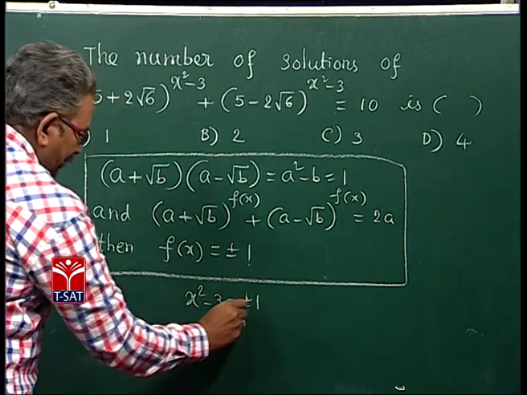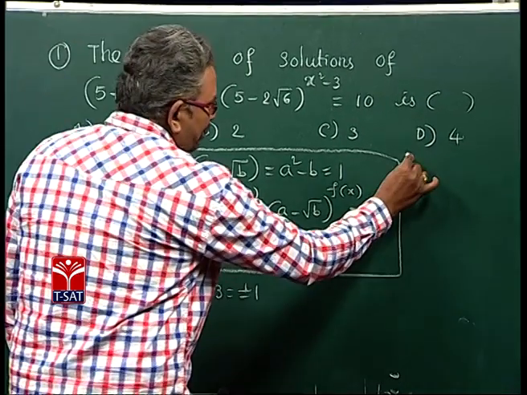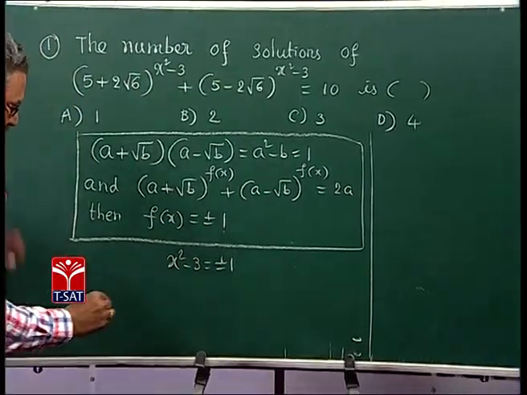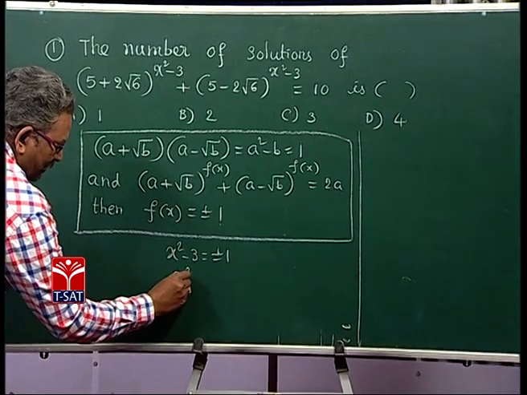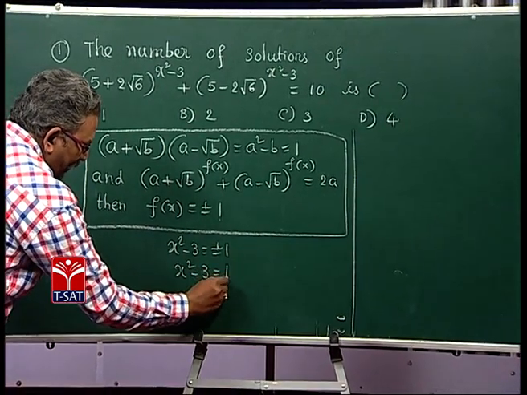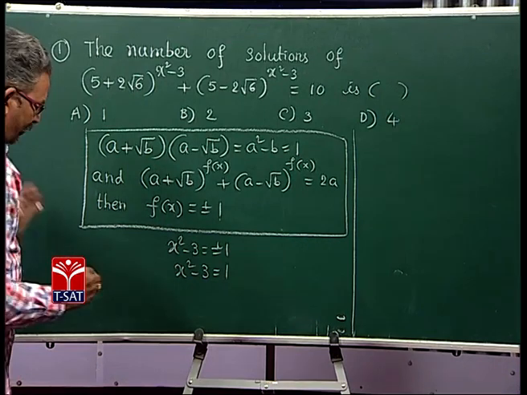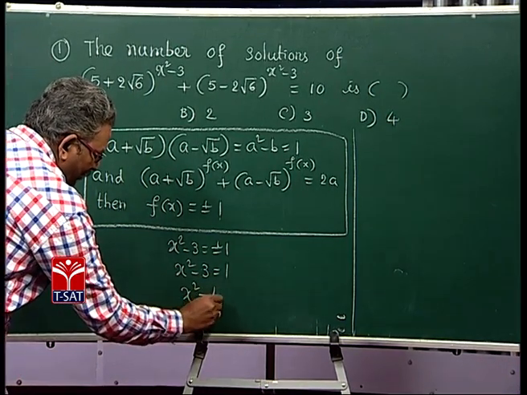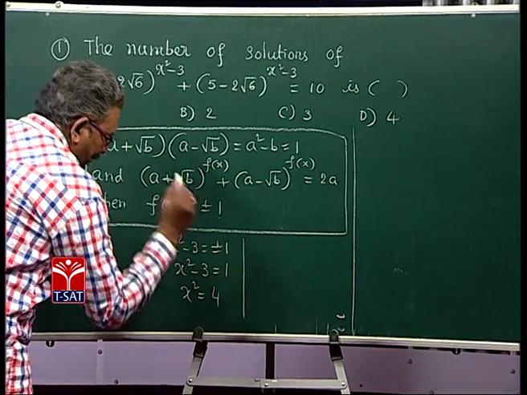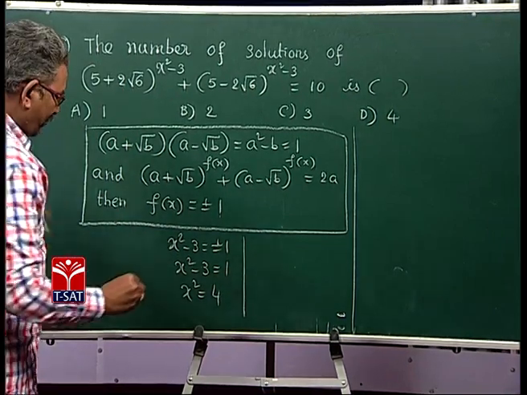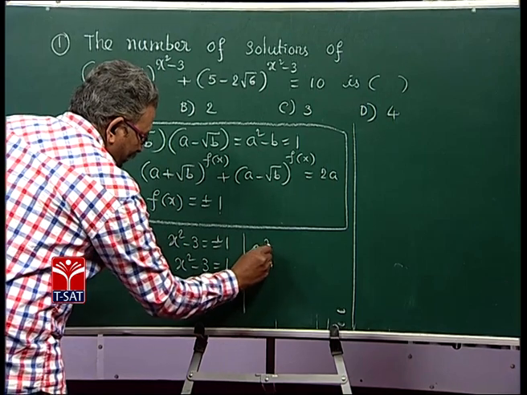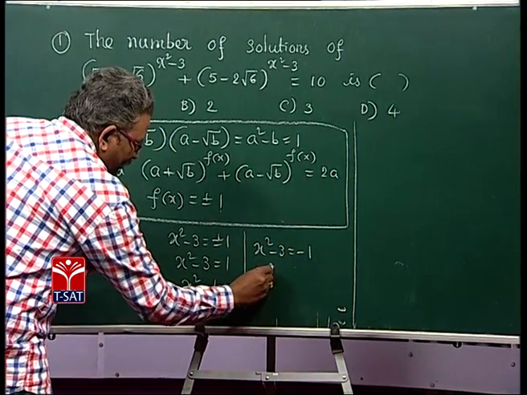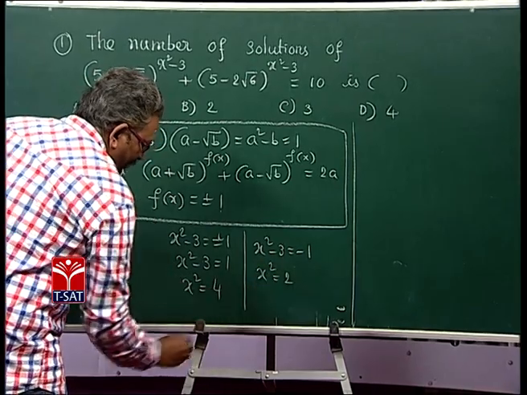Again here two cases will arise. What are the two cases? One case is x square minus 3 is equal to 1, so x square is equal to 3 plus 1, that is 4. The other case, x square minus 3 is equal to minus 1, so x square is equal to 2.